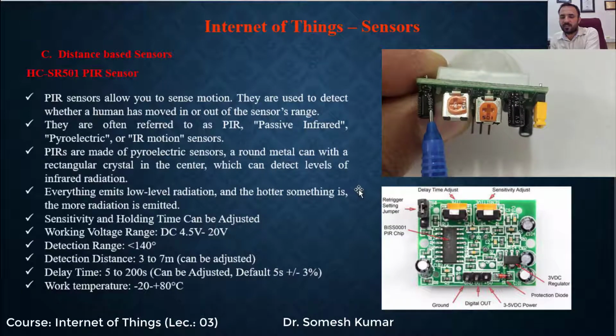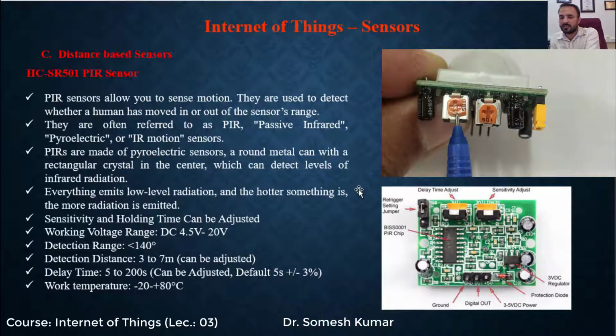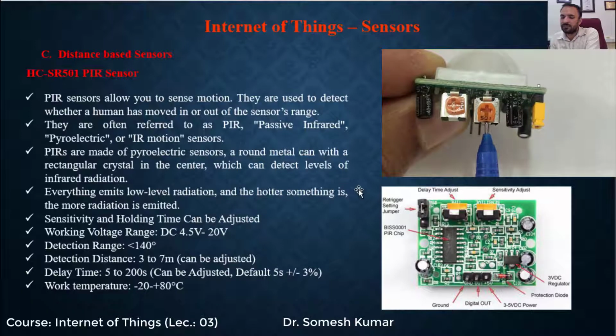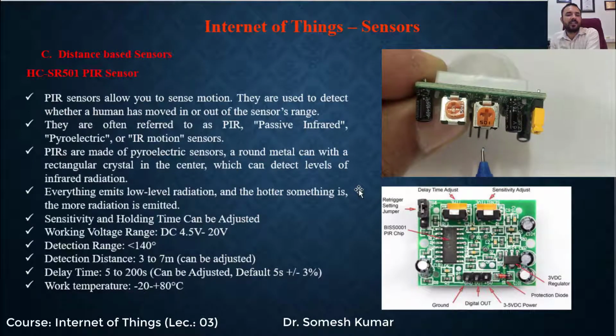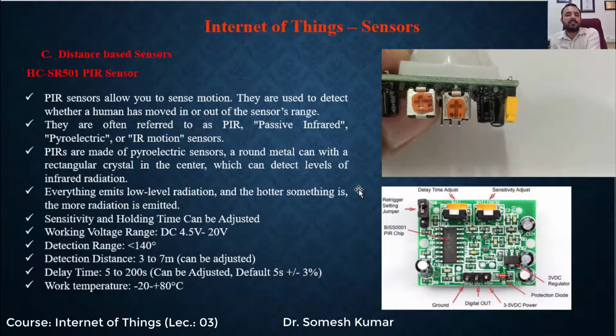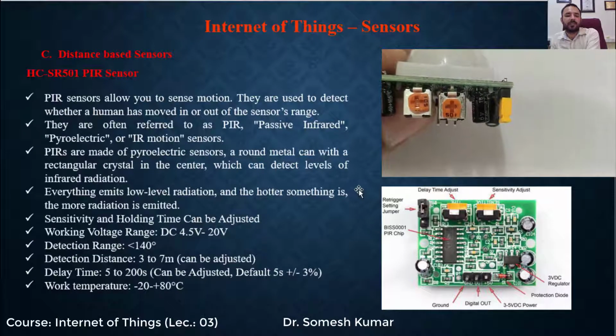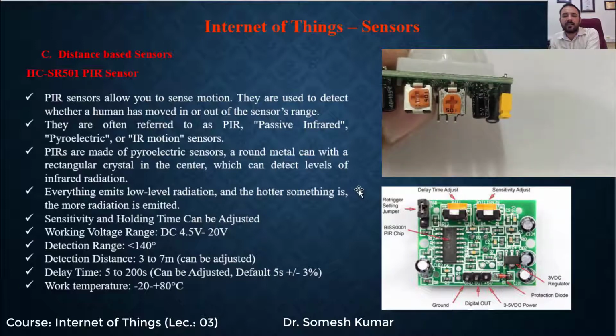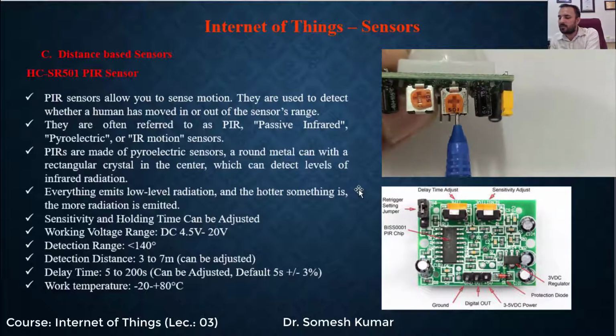With the first one we can adjust our delay time, and with this one we can adjust the sensitivity. Fine. Its detection range angle is less than 140 degrees, and its distance is 3 to 7 meters, and this distance can also be adjusted with the help of the sensitivity.